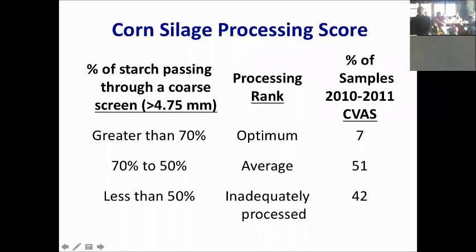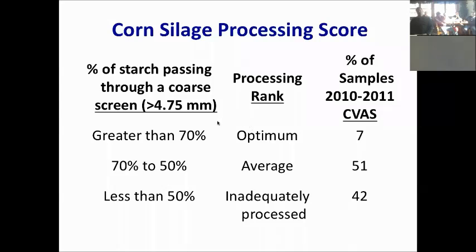And basically what they do, folks, is they'll take a sample of your corn silage, send it to the lab, they'll dry it down, they'll put it through a bunch of shakers, and what they're looking for is the percent of starch passing through a screen that has 4.75 millimeter diameter squares in it. And I'll show you a picture of what that looks like in a second. What they will do then is do a starch analysis on the material that's passing through the screen and that's retained above the screen.